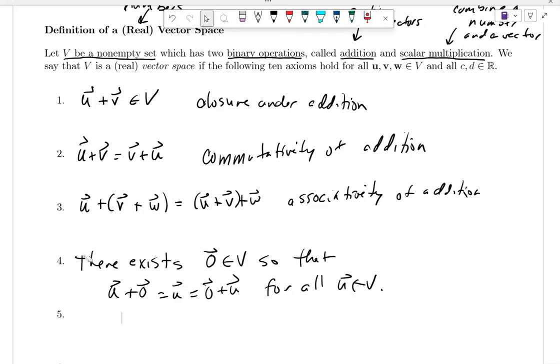If you're saying by addition, I really mean multiplication, then the 0 vector is 1, not 0. Because it's the thing that has to leave it alone when you do the operation. And multiplication by 1 leaves it unchanged. That's what I mean. So this part here is existence of a 0 vector.